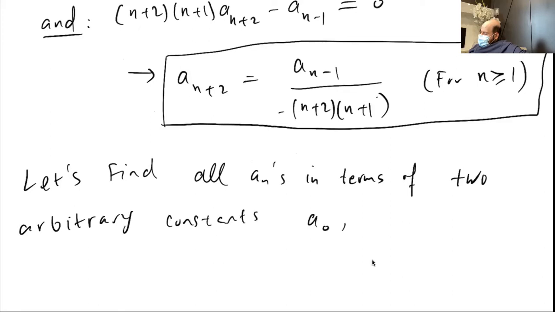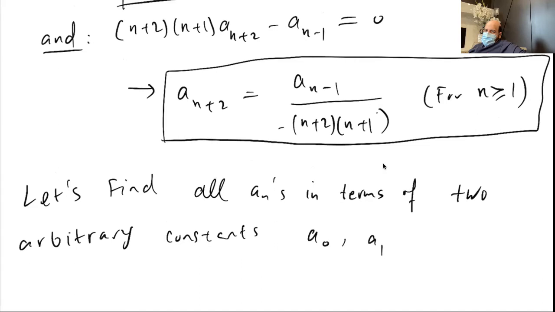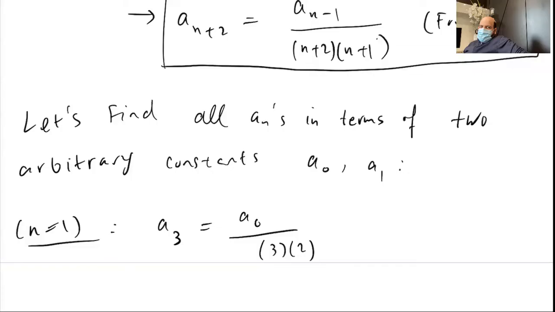Let's say a0 and a1. Again, remember we have a second order differential equation here, so we need two arbitrary constants. I can call them a0 and a1 and then find all the remaining coefficients in terms of these two.